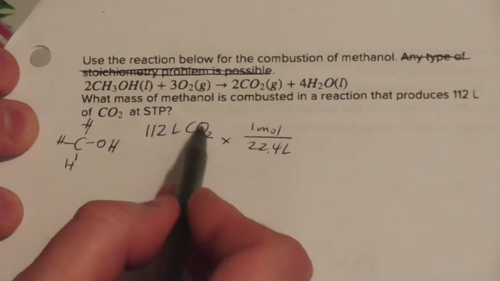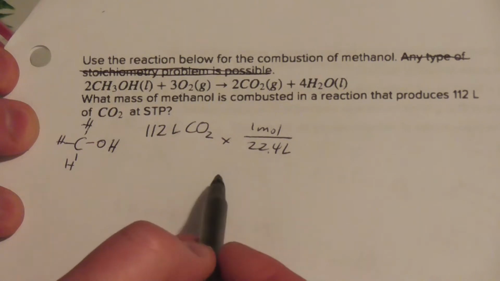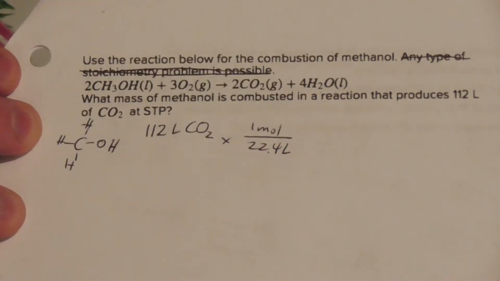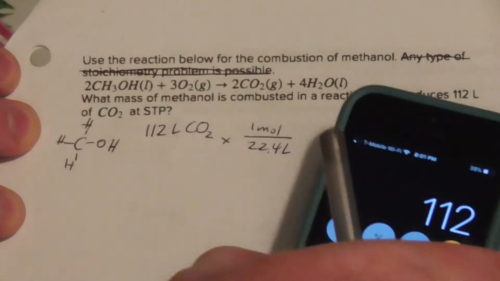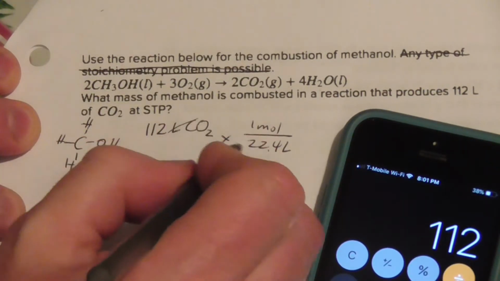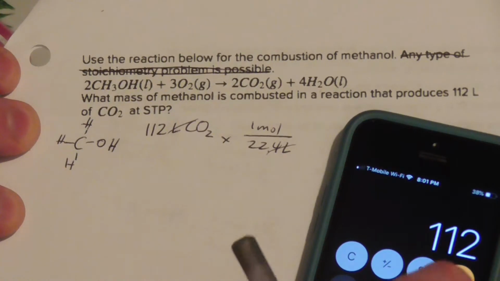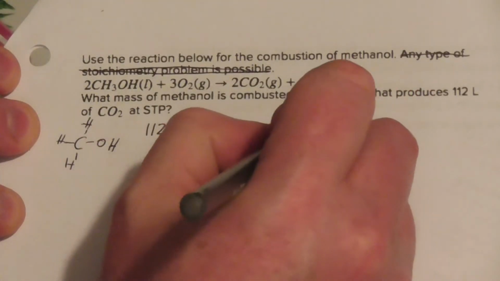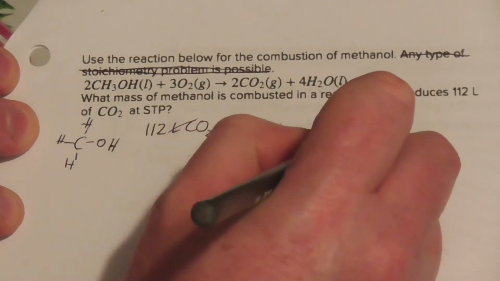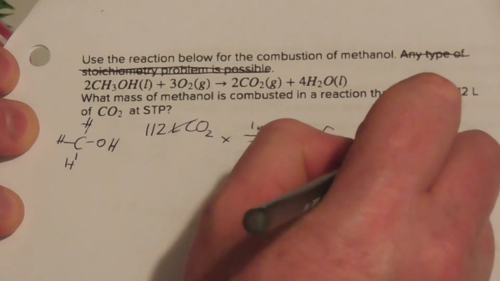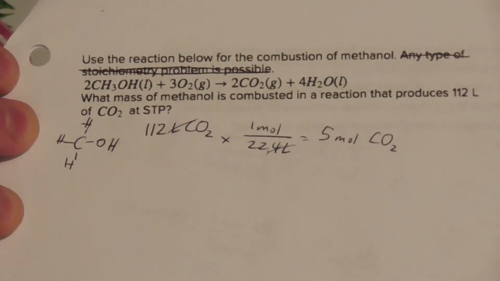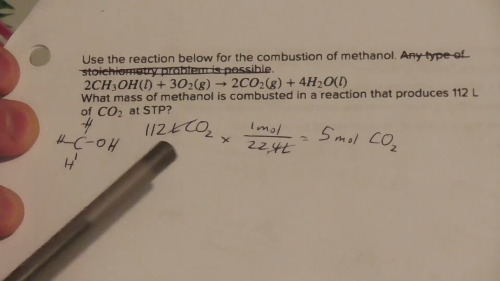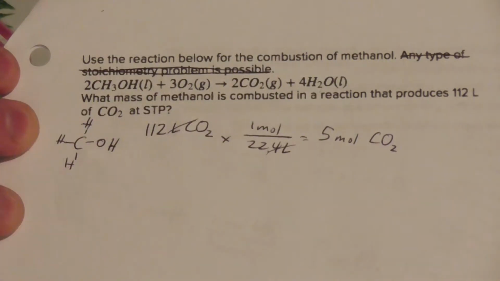Every gas, and carbon dioxide is a gas, occupies 22.4 liters at STP. So here we go, 112. My liters cancel out. I'm left with moles. 112 divided by 22.4 is 5. 5 moles of CO2. So I did my balanced equation, units to moles.